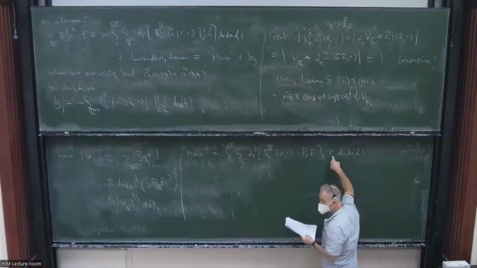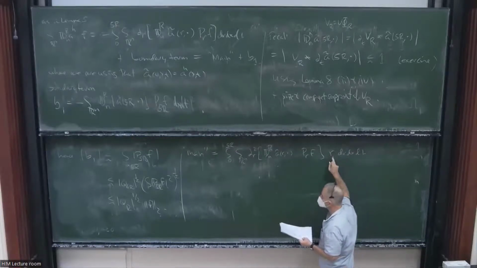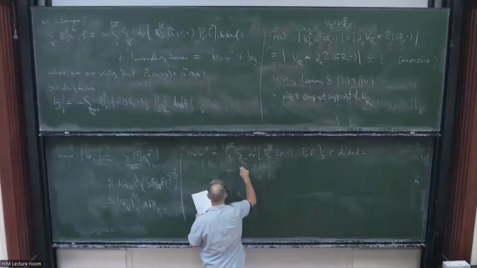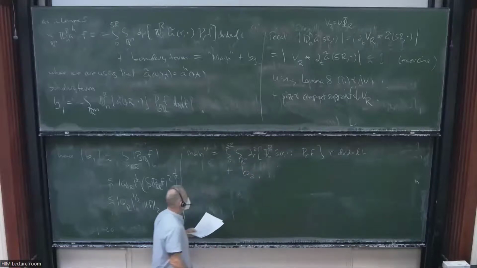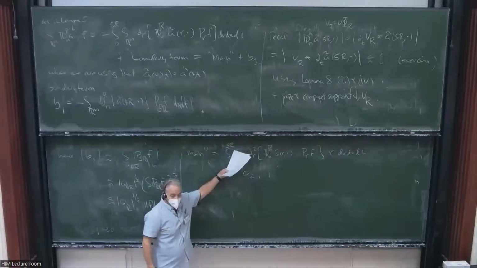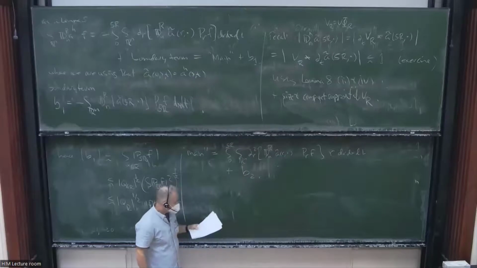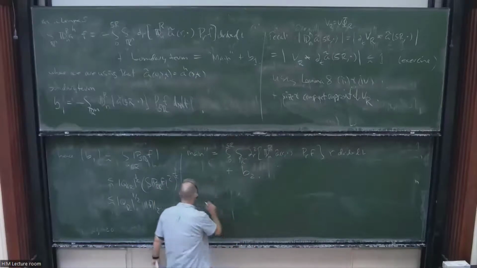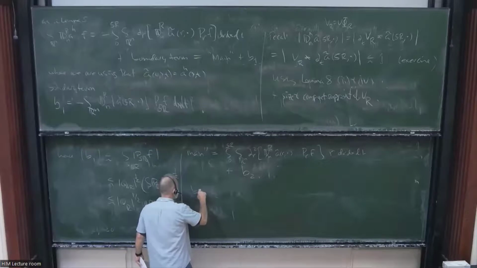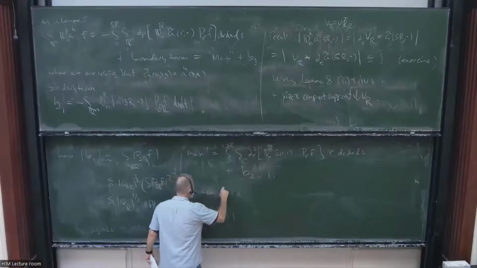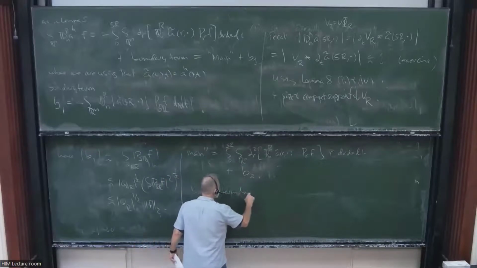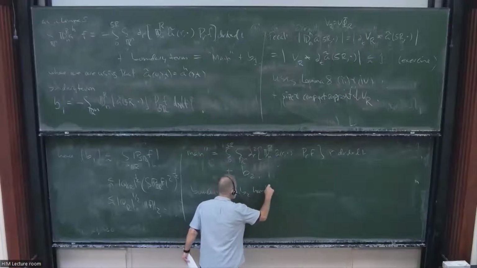When I integrate by parts, I introduce a factor here, plus another boundary term B2, again, that you get up at the top, which is handled more or less like B1.